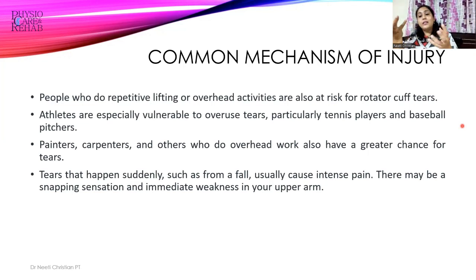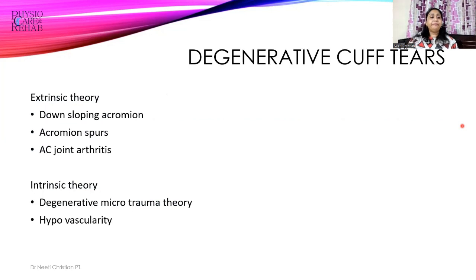With age there is damage at the rotator cuff, and if the patient falls immediately after that, or if there is a lot of weight on that shoulder, even if the mechanism of injury is not intense, patients go for rotator cuff tear immediately.